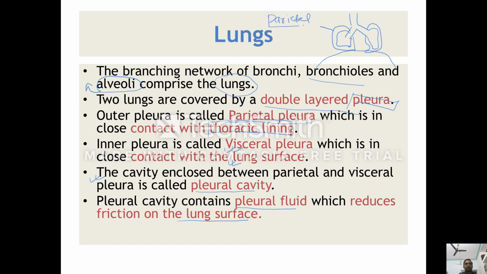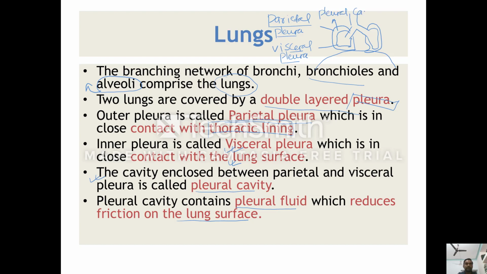So this outer pleura is called parietal pleura. This inner pleura is called visceral pleura. And this cavity is called pleural cavity.